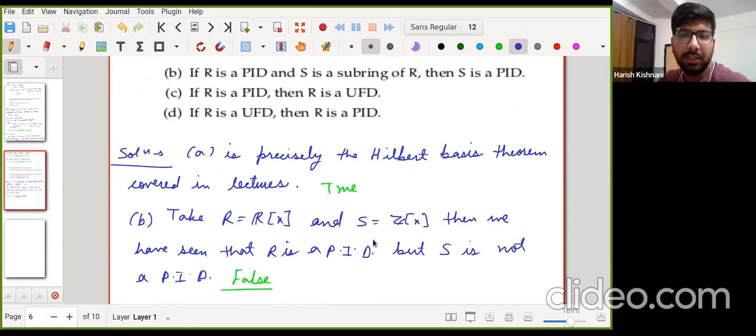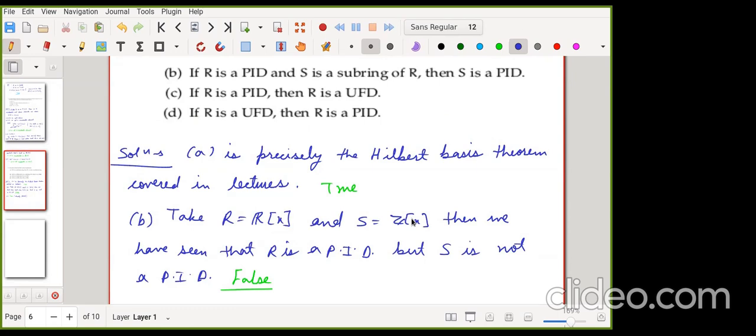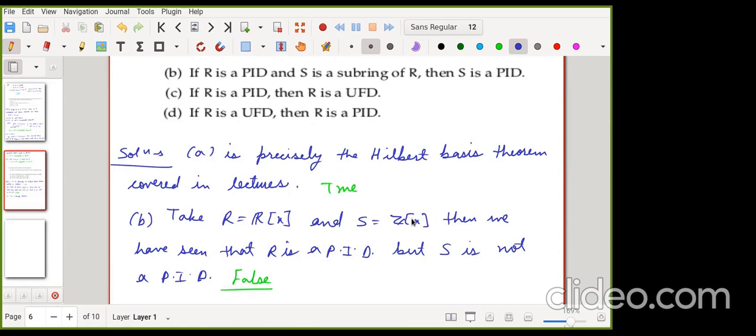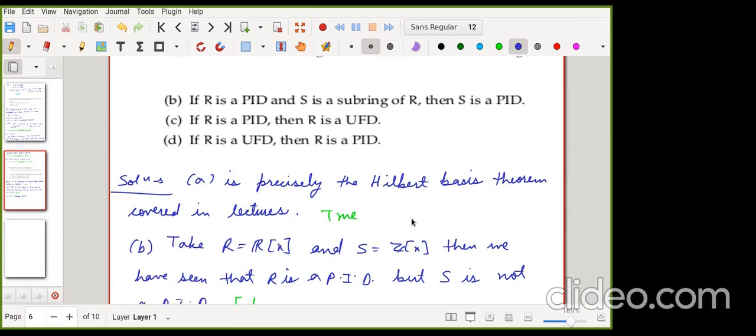We already saw that S, Z[x], is not a PID because you consider the ideal generated by 2 comma x. Noetherian is a weaker statement, that every ideal is finitely generated. PID is stronger.